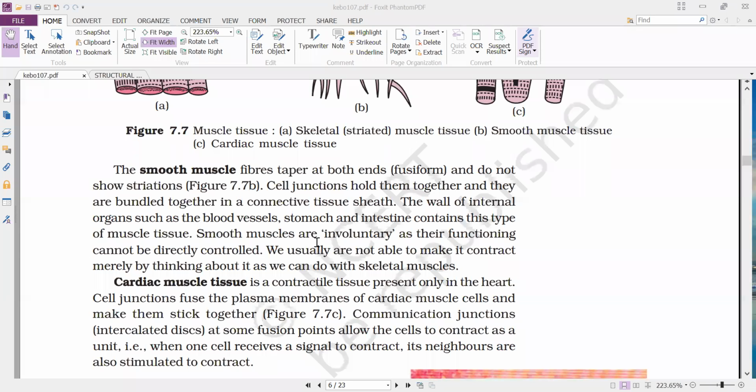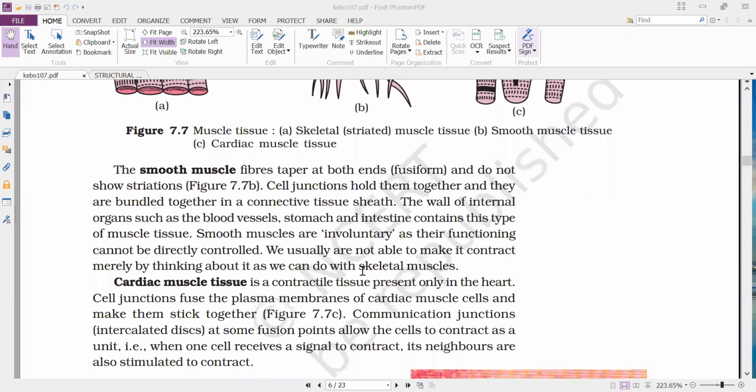Smooth muscles are involuntary as their function cannot be directly controlled. The contraction and relaxation of smooth muscles is not under our control. As they are not under our direct control, they are called involuntary muscles. We usually are not able to make them contract merely by thinking about it, as we can with skeletal muscles.